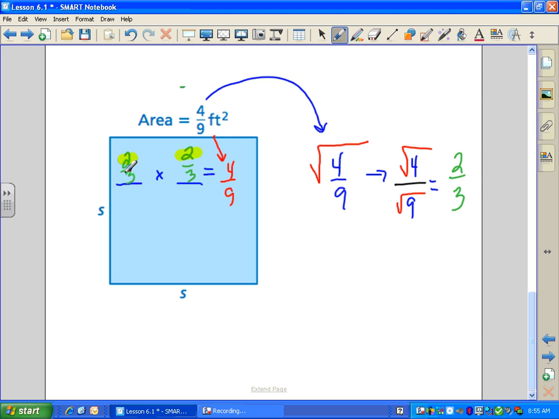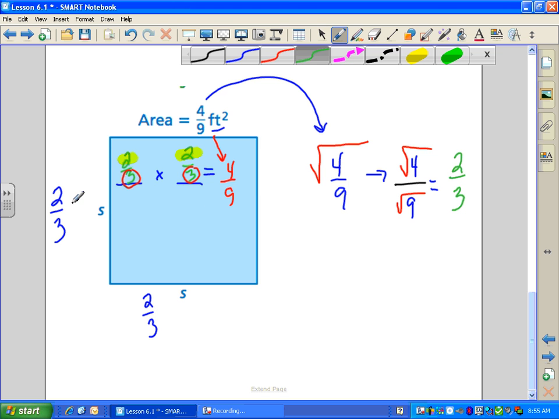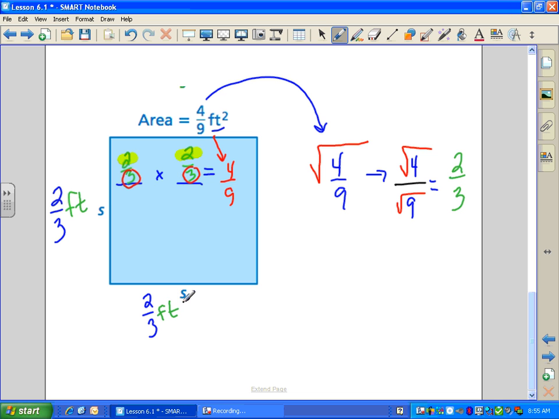Multiplying fractions ain't a problem. 2 times 2 is 4. 3 times 3 is 9, so it does work. So 2/3, and my unit is feet. So each side of my square is 2/3 of a foot.